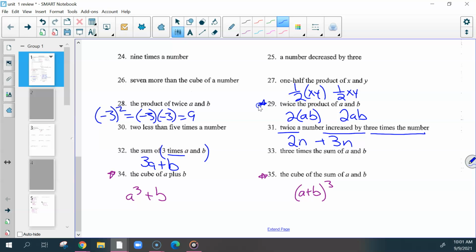But this, they're all multiplied. Yes. Make sure you put the calculators on.